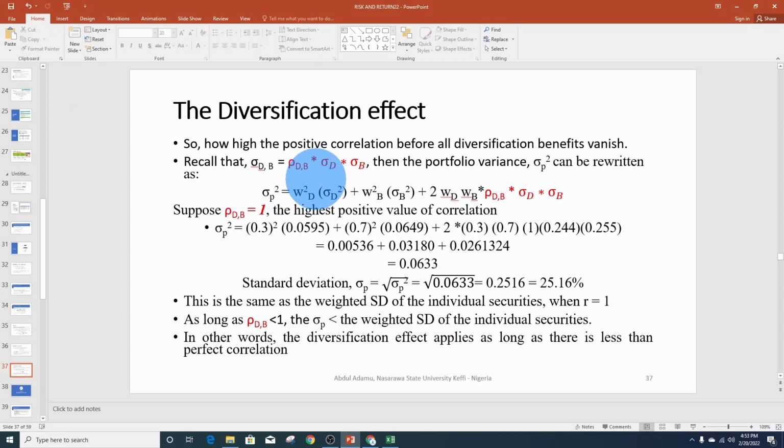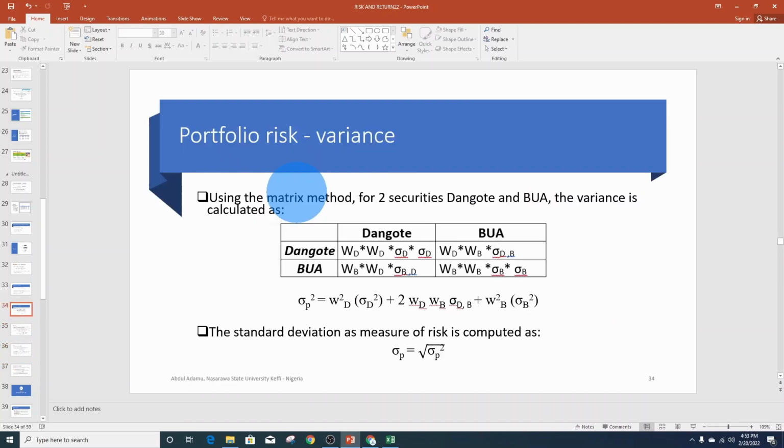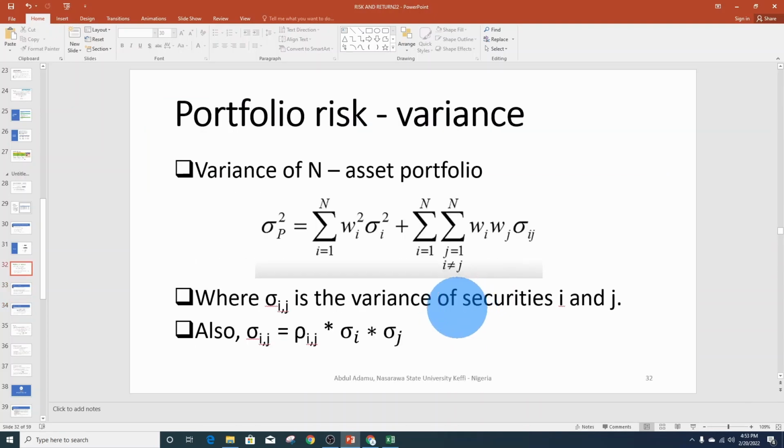So let's go back to our formula on portfolio variance. If we come back to our formula on portfolio variance, we can see we have a covariance here. If we want to bring correlation coefficient here, we can use the relationship which we expressed earlier. The covariance is equal to correlation times the standard deviation of the two stocks.